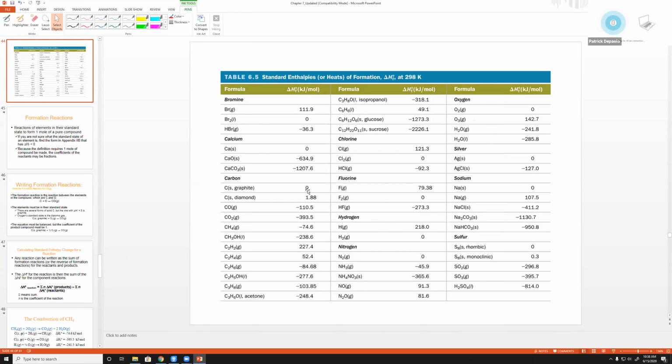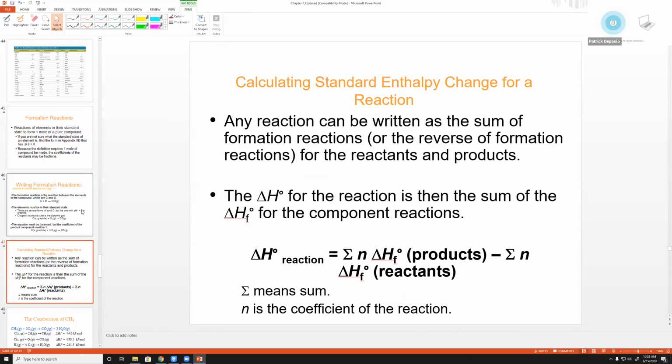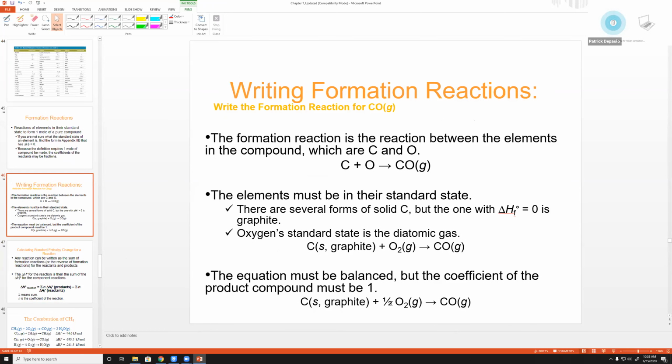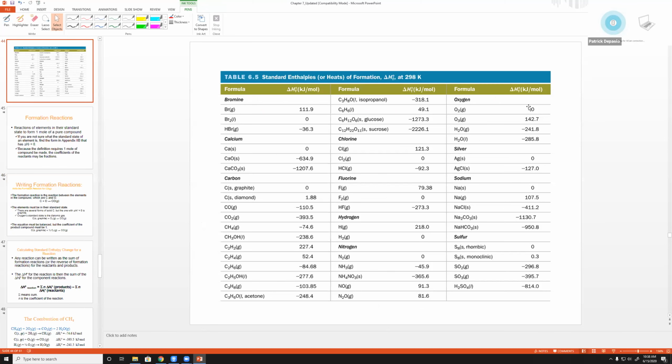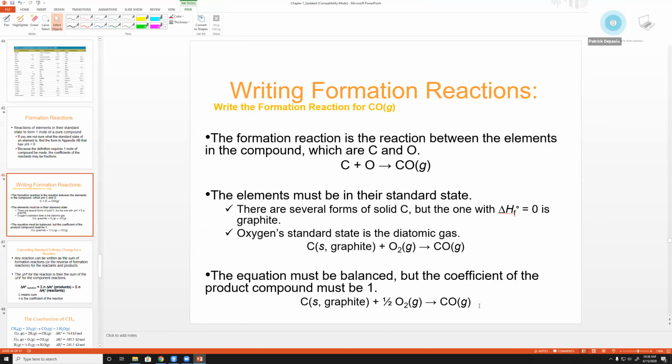Graphite is 0. So minus 0, minus 1/2, because the coefficient matters, minus 1/2 of oxygen. O2 is also 0, so you get 0. So the answer is negative 110.5 because it's the products only. Everything else is 0, but sometimes they may not be 0. That's just how you would do it.